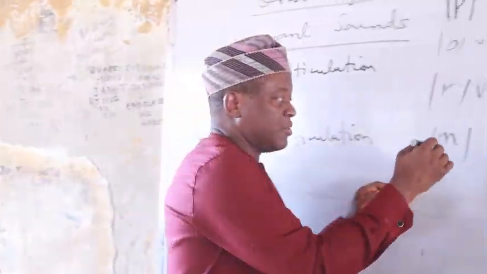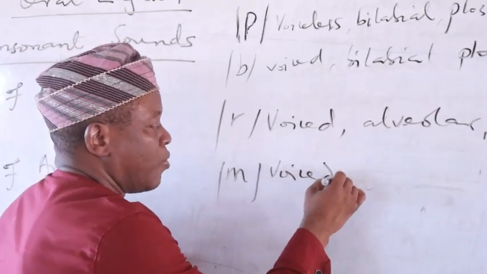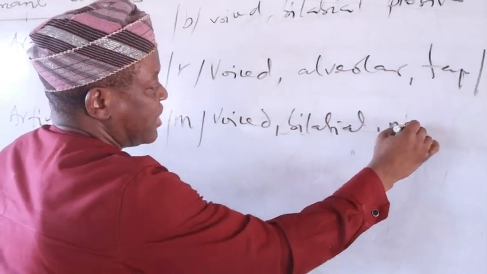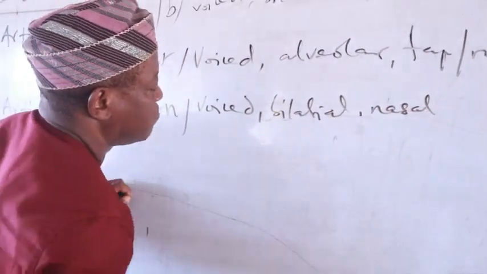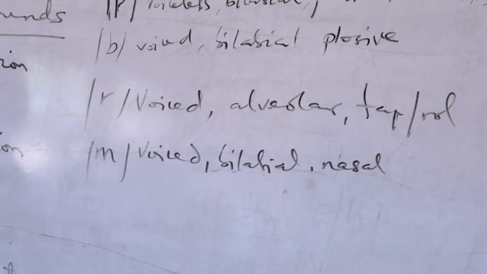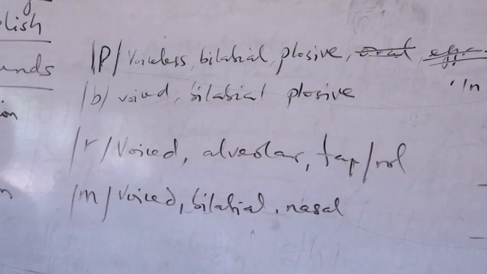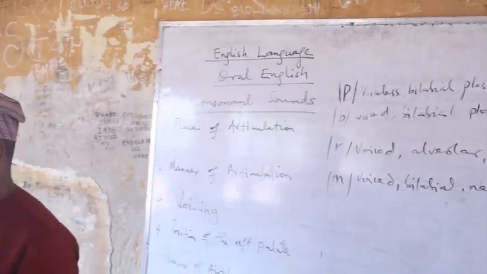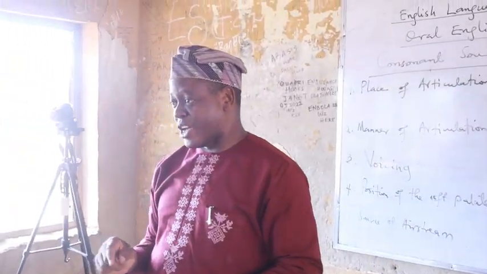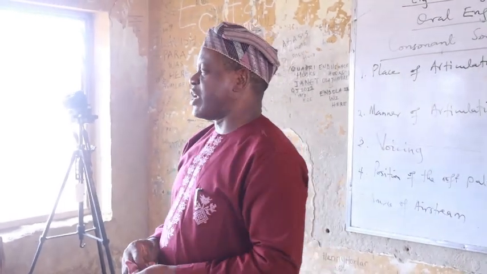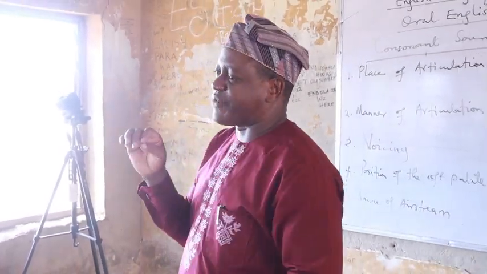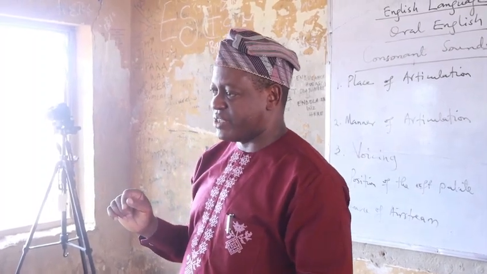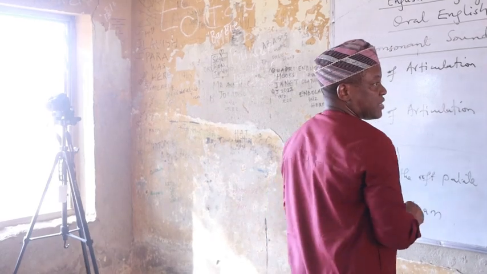So it is voiced, bilabial, nasal. Just those 4. Yeah. If I ask you to describe the 24 consonant sounds following that same pattern, I hope you can do that. Right. So we now begin to pick the sounds one after the other with examples where they can be found in words. Word contexts.